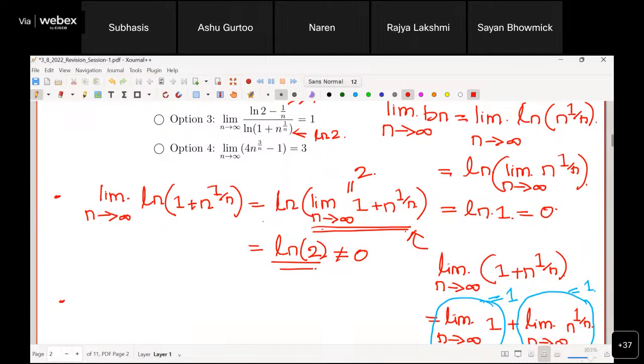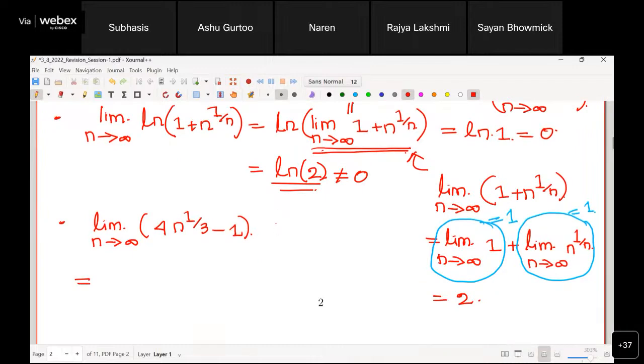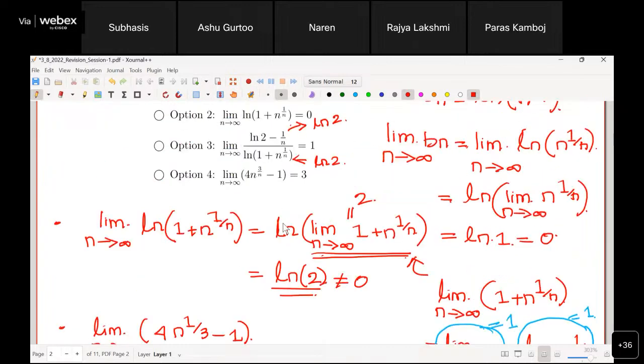What about option 4? It is also true, I guess. Sir, you have copied it differently from what is given. It is 4 into n power 3 by n.